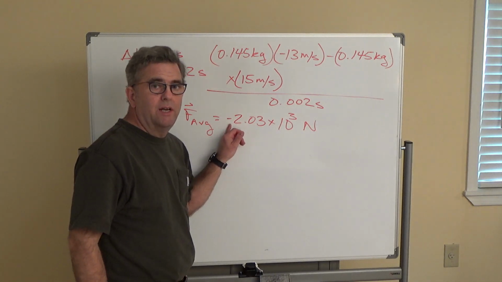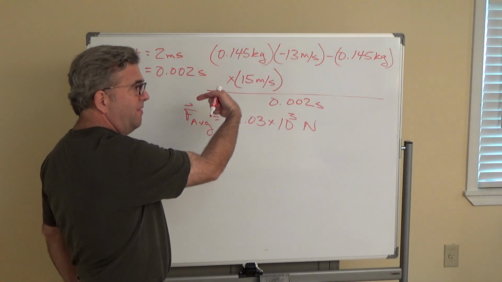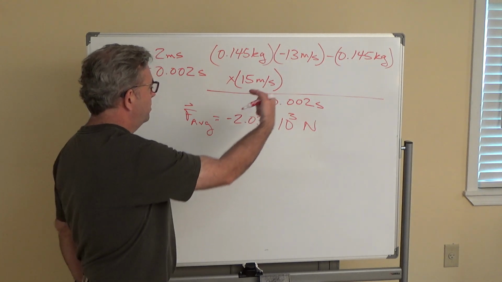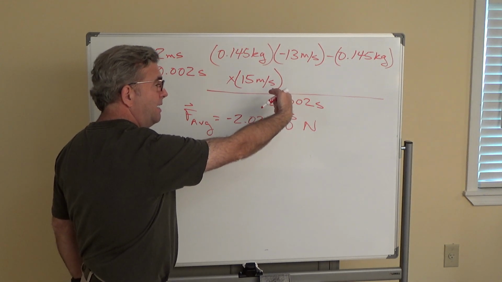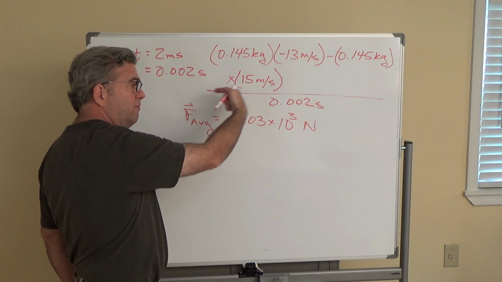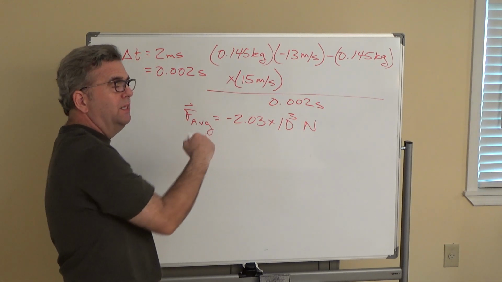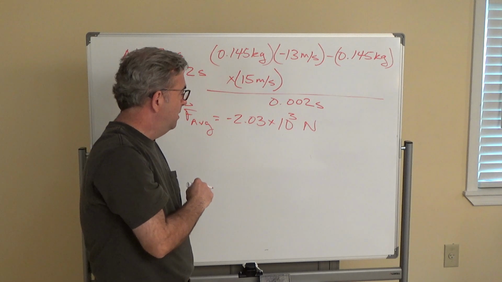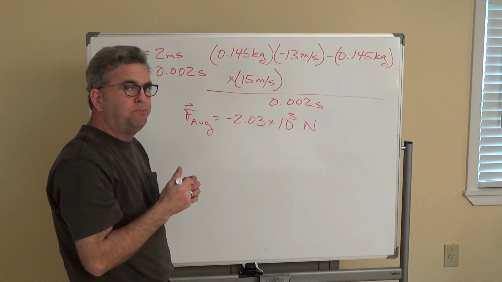The negative there tells me that this average force was in that direction. That makes sense, because the baseball interacted with the wall, and that force that propelled it in the opposite direction was negative. That gave me the direction of the force.